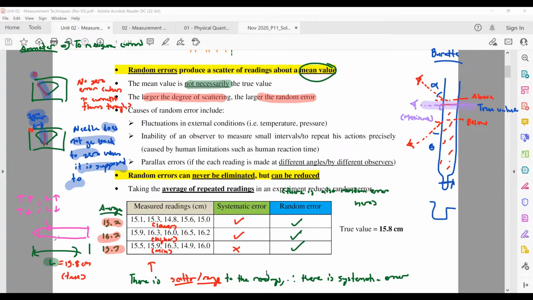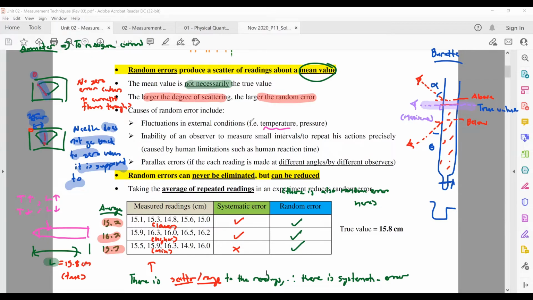So if the temperature fluctuates during your measurements, your length will fluctuate, and you will get a scatter in your readings. That's what we mean by fluctuations in external conditions.